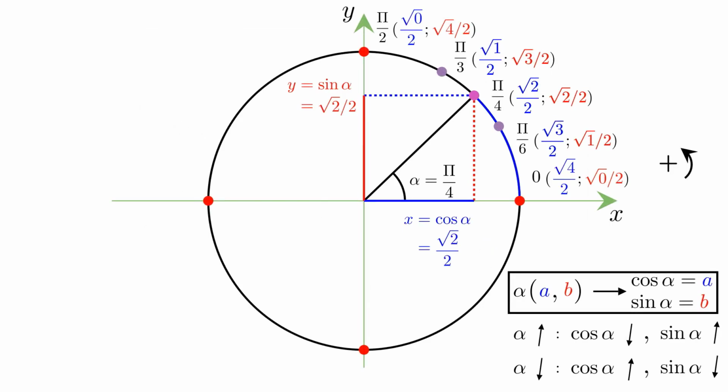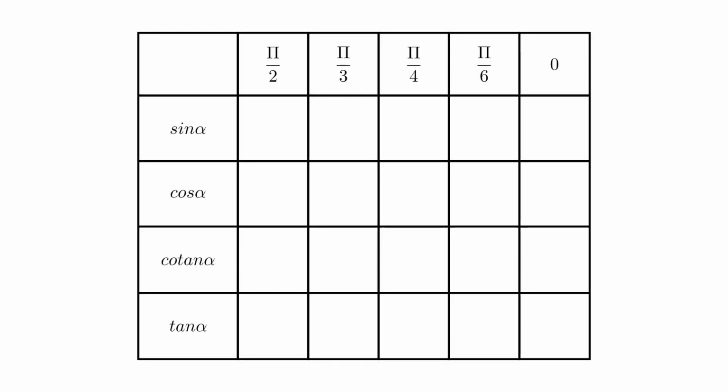First, we need to fill in the values for pi over 4. The angle pi over 4 has equal values of sine and cosine, both equal to the square root of 2 divided by 2. We fill in the value for cosine of pi over 4 and sine of pi over 4.